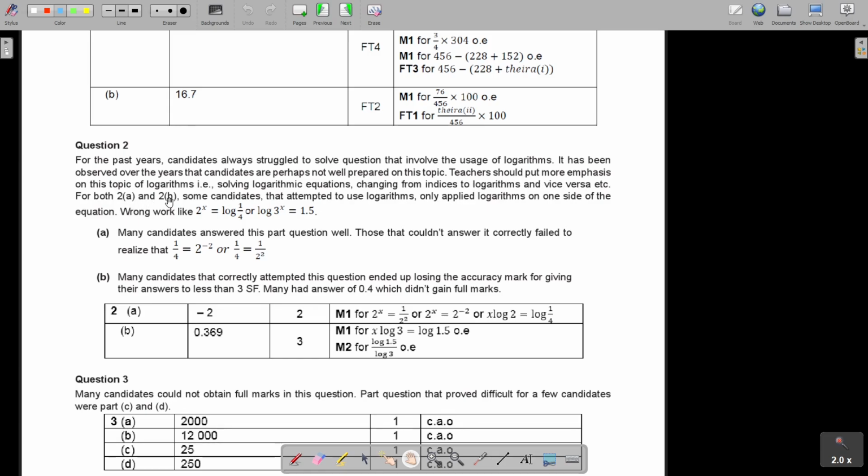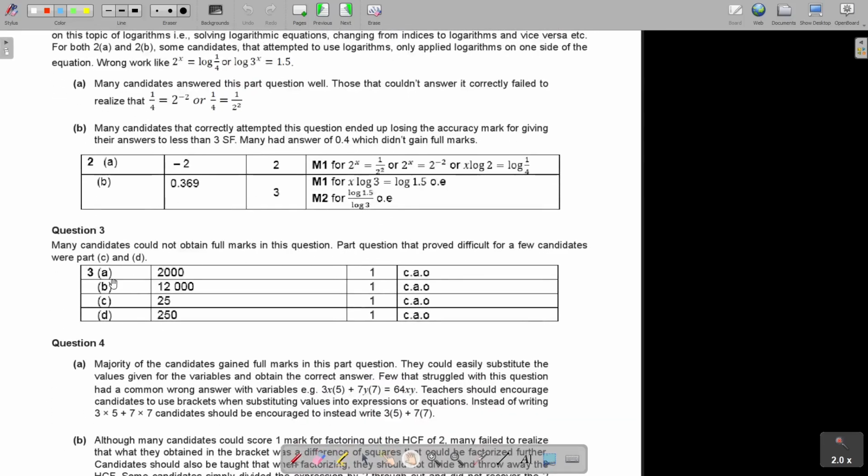Some candidates that attempt to use logarithms only applied logarithms on one side. No, you must take it from both sides. Many candidates also answered with a negative, so -2 and 0.369.